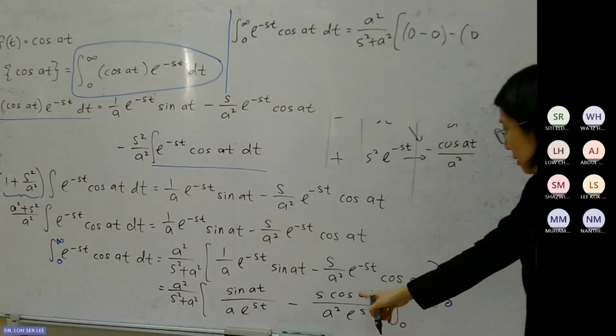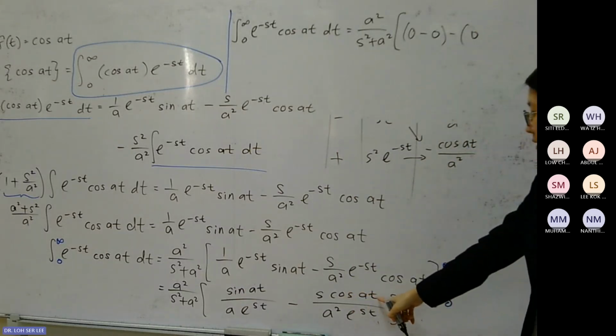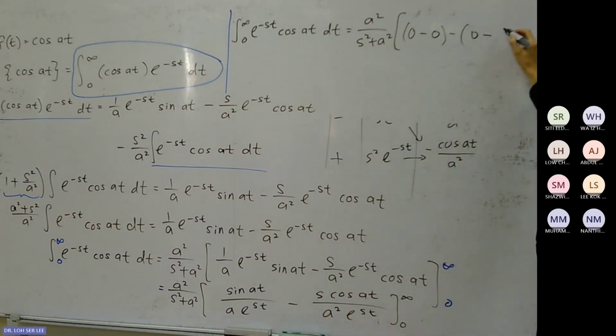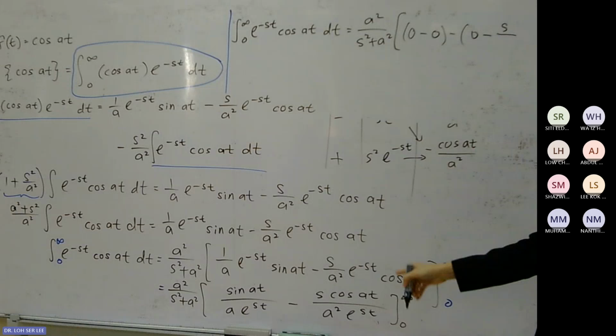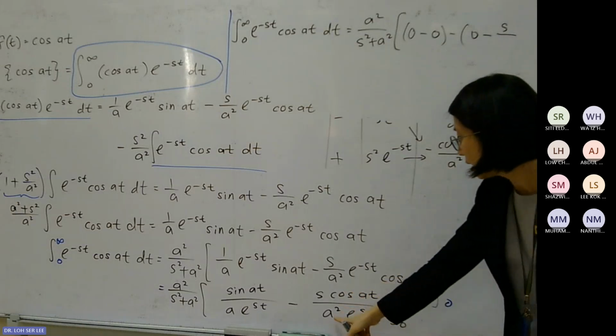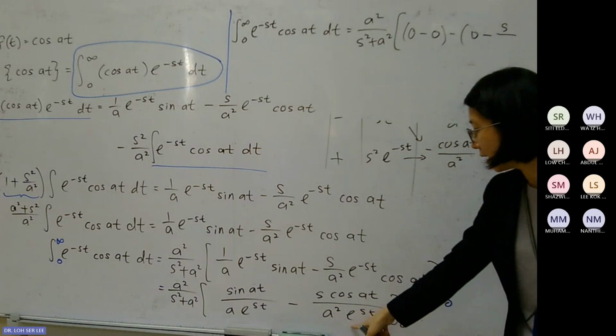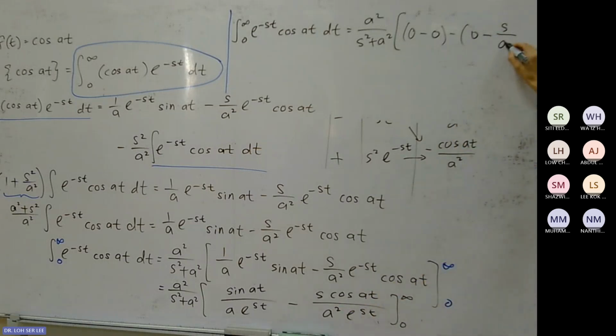Okay, last one. Cos 0 is 1. So 1 times s, you have s, over e^0 is 1. So it's a squared.